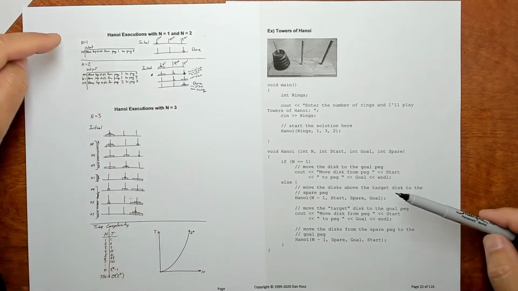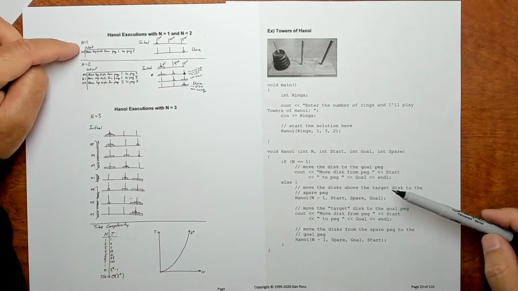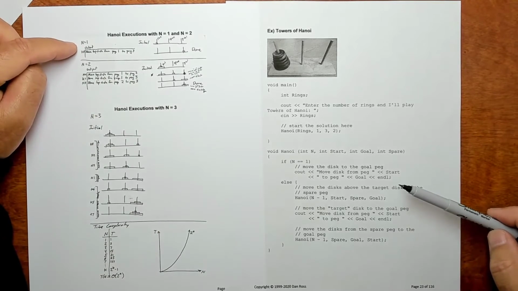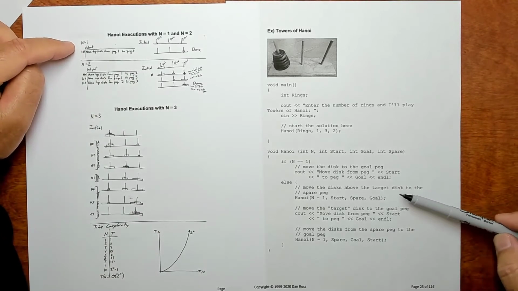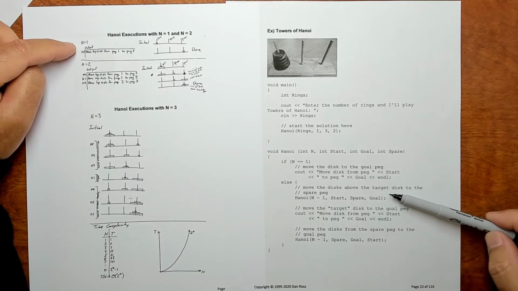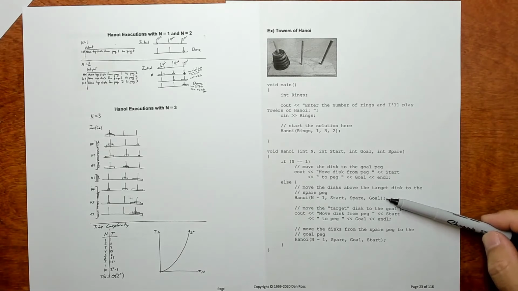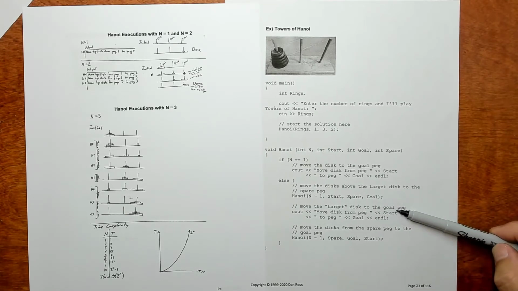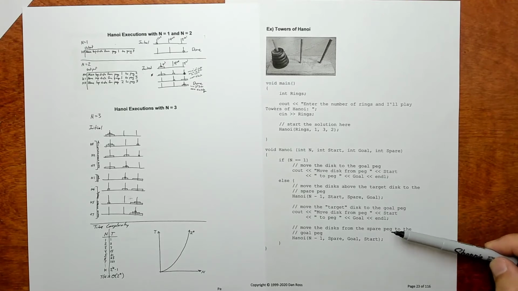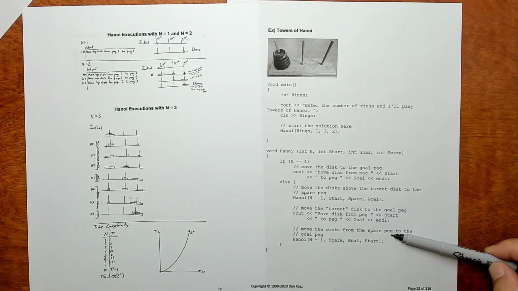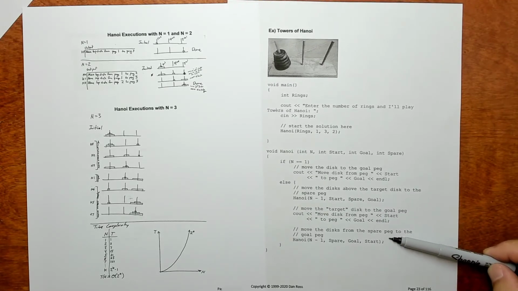There's really just the one base case, and then there's the recursive case: move everything above the target disk to the spare peg, then move the target disk, then move everything that you moved previously to the goal peg.